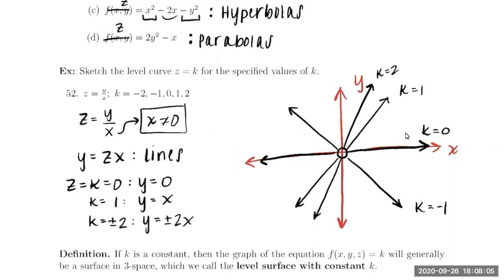So there's k equals 2, and then we'll do our -2. Pretend that goes through the origin. That was not my best artistry here. So k equals -2. All right, so we've included all of the level curves for the specified values, and what we have plotted here in red and black then is a contour map or a contour plot for those 5 values of k.